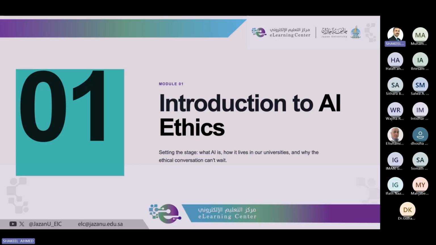I want to be clear about something from the start. This is not about being afraid of technology. Fear is not a useful response here. What is useful is being thoughtful, asking good questions, and making deliberate decisions and choices rather than just going along with whatever is convenient. So, that is what this module sets up.